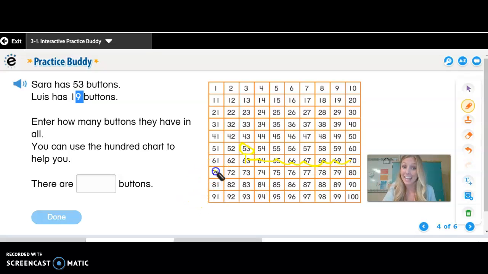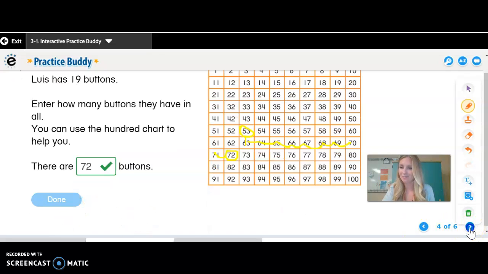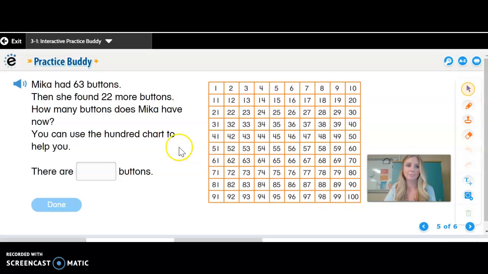Drop down. 8, 9. And then circle the number that you're stopping at too. Again, that's just a good visual reminder. We're circling our answer and showing our work. What number did you land on? 72. So 53 plus 19 more gets us 72. Nice job. Let's go on to the next one.